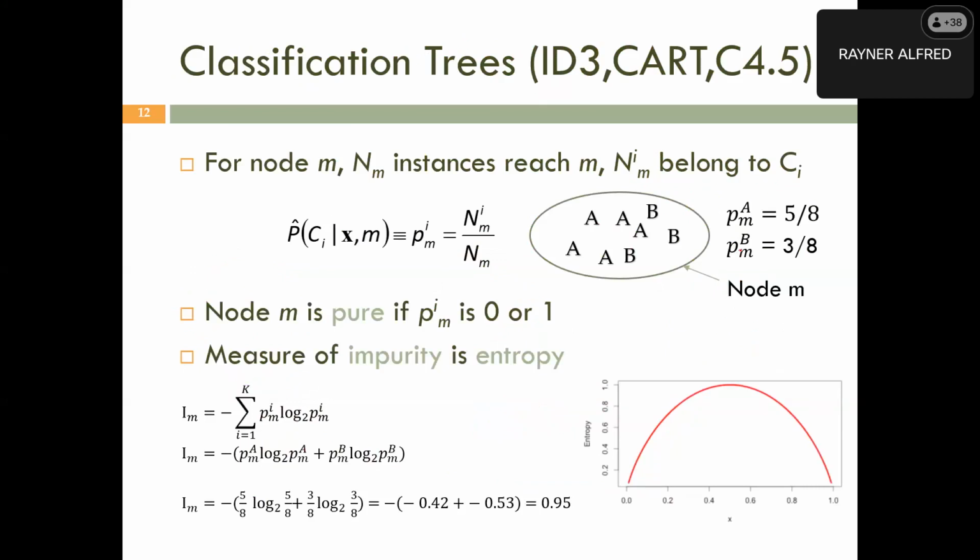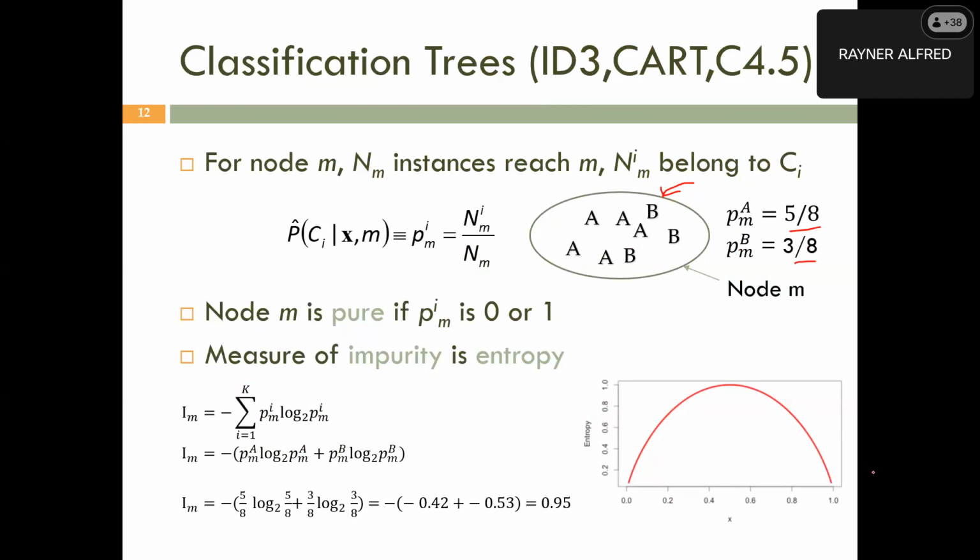Okay. So how do we use the formula just now? For example, we have this partition. How do we measure the entropy value? So the entropy value is used to determine how pure the partition is. Okay. So based on this group, we have 5 As and 3 Bs. So these are the probabilities.